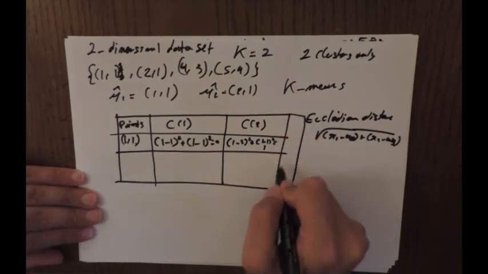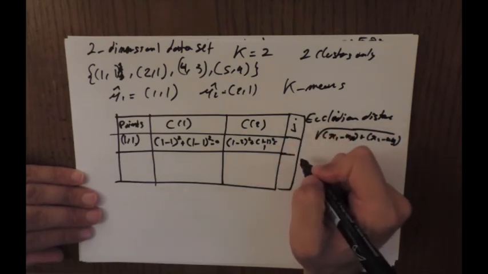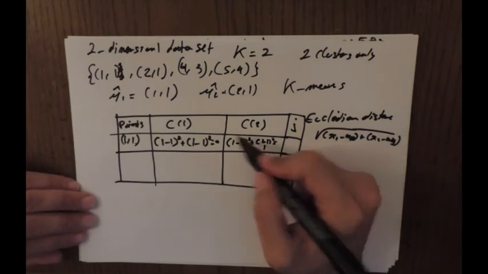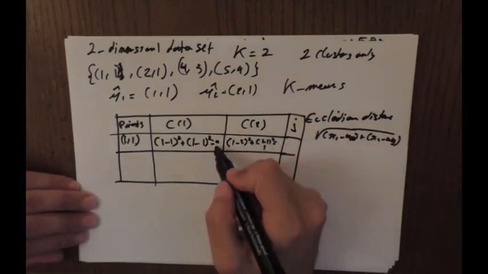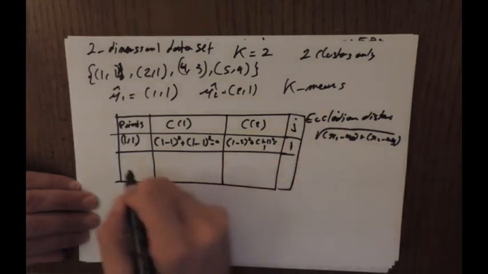So in this column we're going to write j. Which cluster? We need to find the minimum distance. This cost is bigger, so we choose the minimum, which is the closest to this cluster. So I'm going to choose cluster 1.